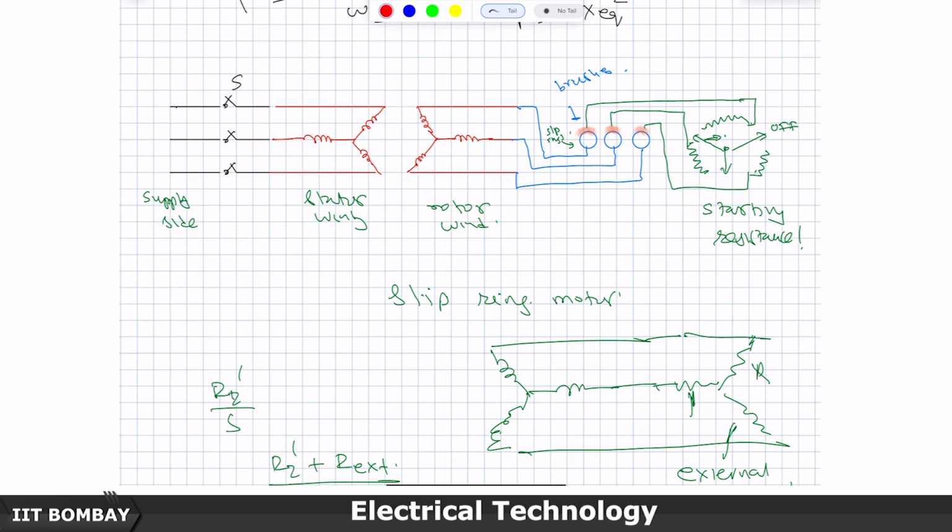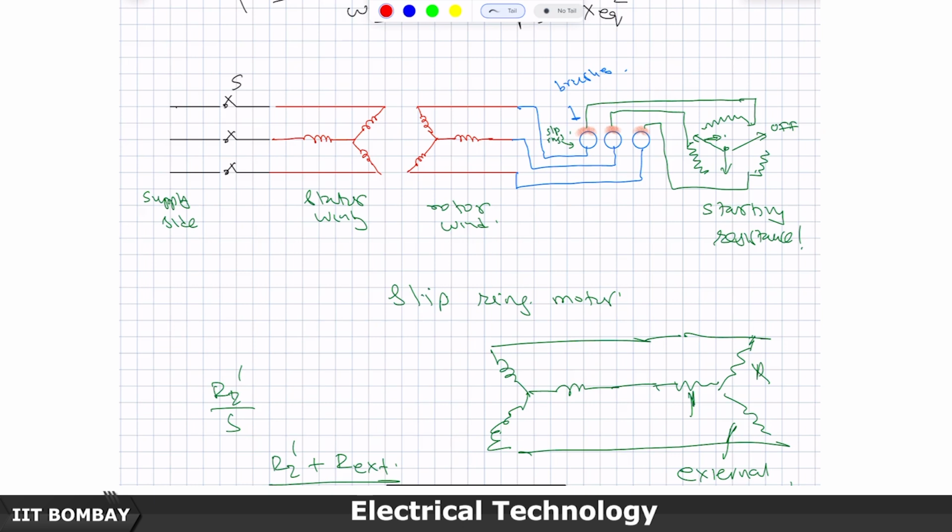And if the external resistance is included, then at normal operating time, the slip will also be more. If the slip is more, there will be more eddy current losses in the rotor also. So, they will also contribute more. So, this rotor resistance has to be introduced at the time of starting and should be cut off as you move into the normal operation.